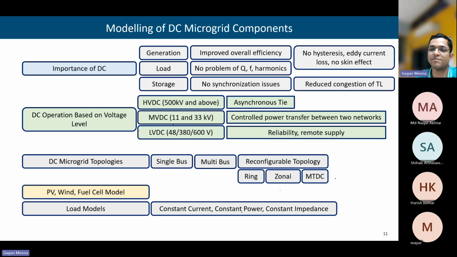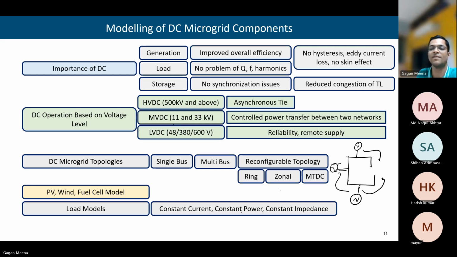It will have different paths, multiple paths for power transmission, not a single one. In a ring system, if one line goes out, there are different generations possible here, and these generators will supply the load.